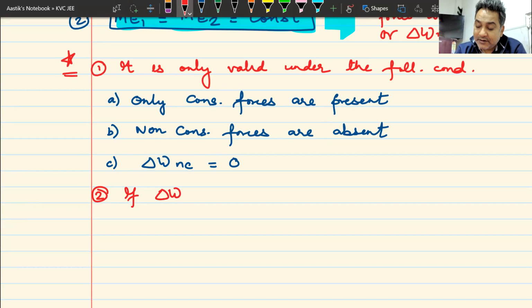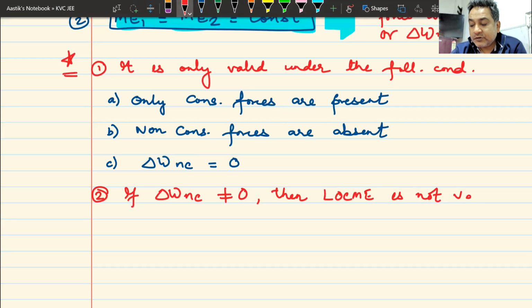If work done by non-conservative forces is not equal to zero, then LOCME is not valid. You cannot apply LOCME if there are non-conservative forces present and their work is not equal to zero.